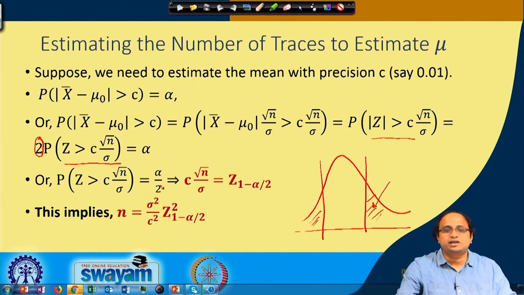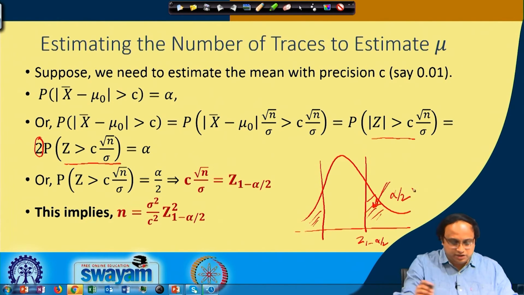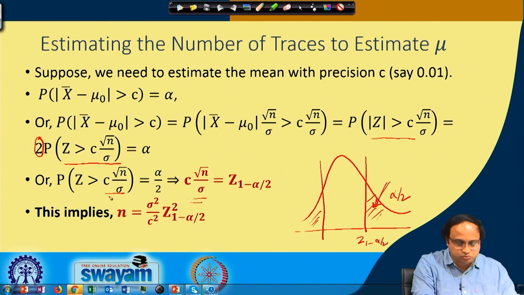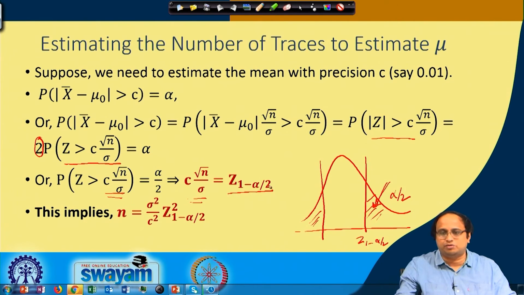And that implies that this is nothing but z 1 minus alpha by 2. Remember that if this is z 1 minus alpha by 2, then the probability that z is greater than this was shown to be alpha by 2. Therefore, we can write that this parameter, C square root of n by sigma, is equated to z 1 minus alpha by 2.